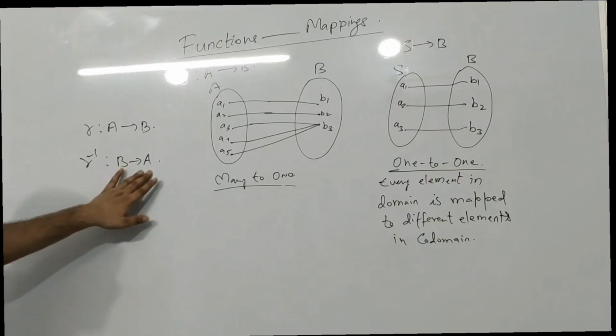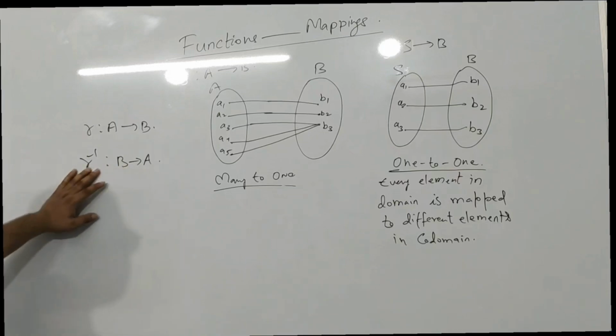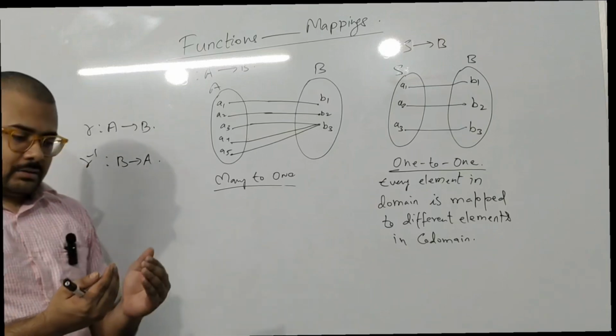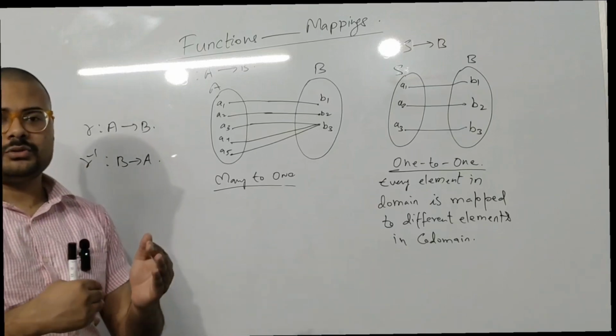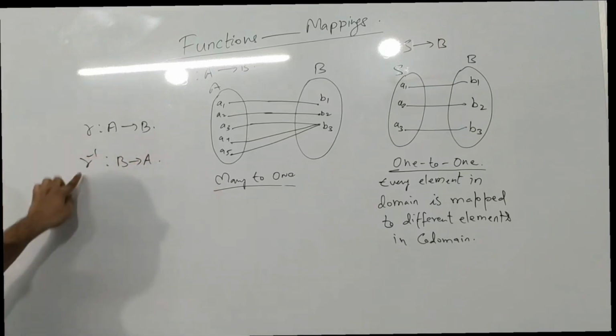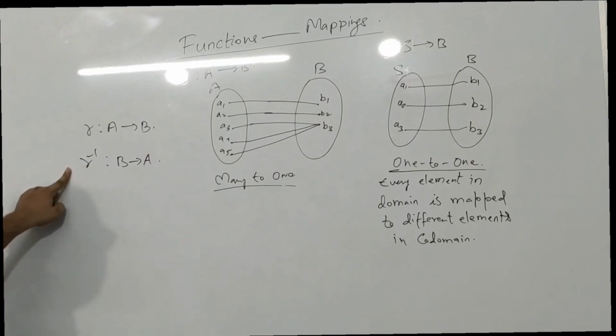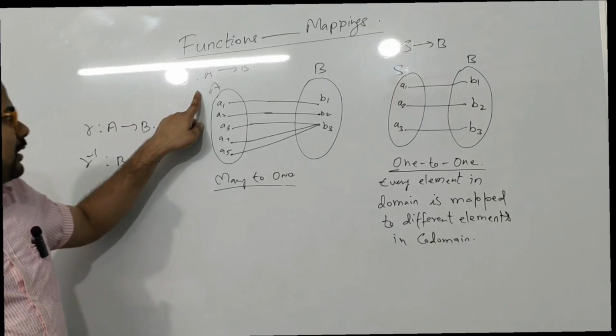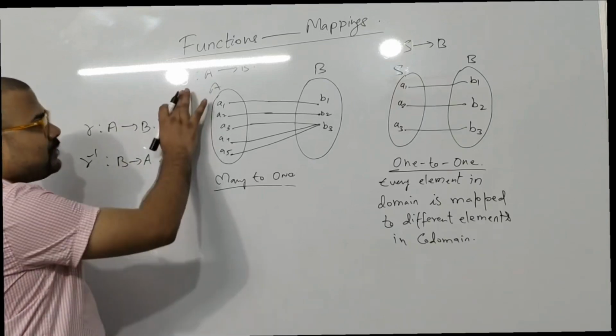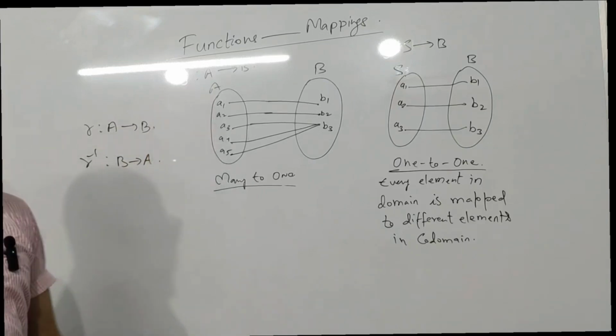And the ordered pairs of R inverse are obtained by just swapping the positions of the ordered pairs of R, and you get the inverse of the relation.